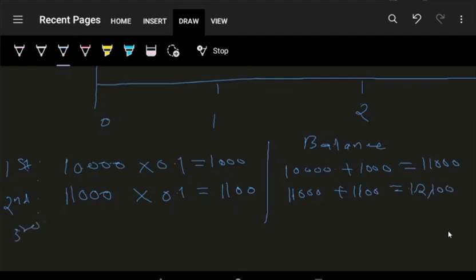Similarly, at the end of the third year, the amount on which we will calculate the interest would be the total amount up to the time period, and the total balance at the end of the third year would be calculated.